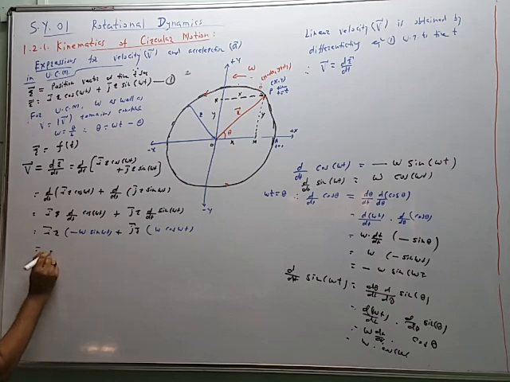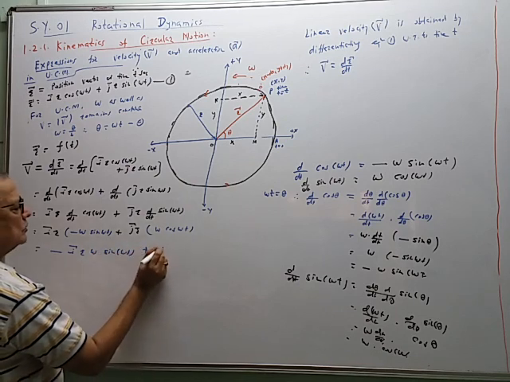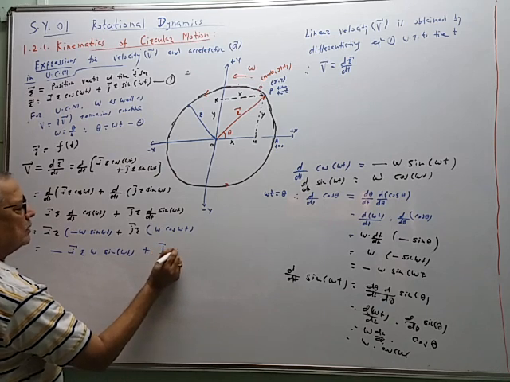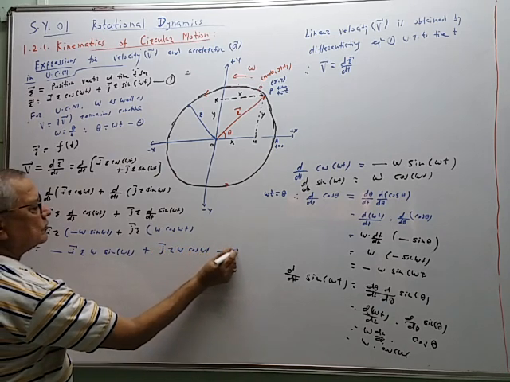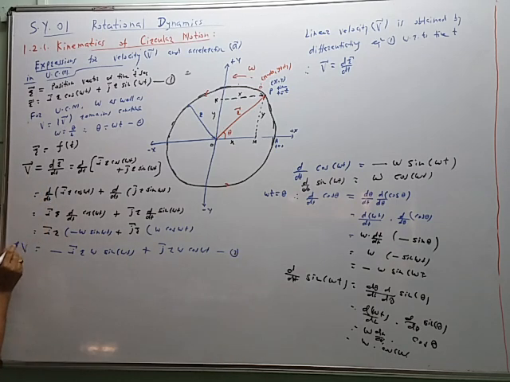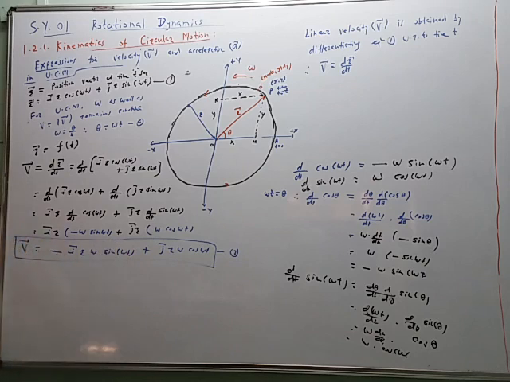So this is equal to minus unit vector i into r into omega into sin of omega t plus j into r into omega into cos of omega t. So this is equation 2. This is the linear velocity v at time t second at position p. It is the velocity at time t second at position p.